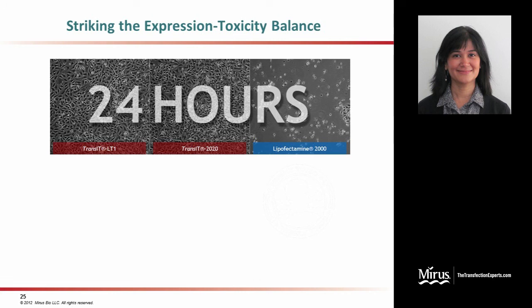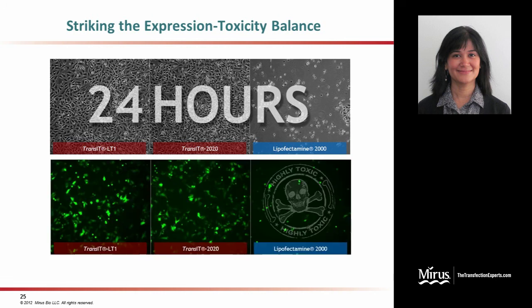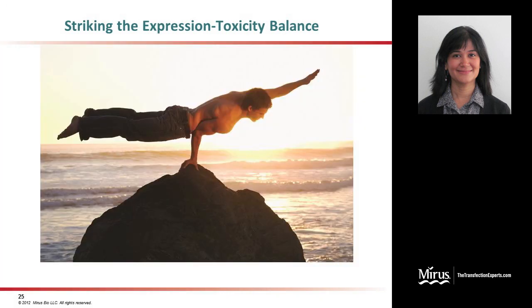The cells are all shriveled up and rounded compared to the healthy-looking cells with the Transit LT1 and Transit 2020 formulations. This also correlates with the GFP expression profile because the cells that are rounded up and shriveled, even though they might be expressing some GFP, are essentially lost during transfection. This drives home the point that striking the balance between expression and toxicity is really critical for your transfection experiments.